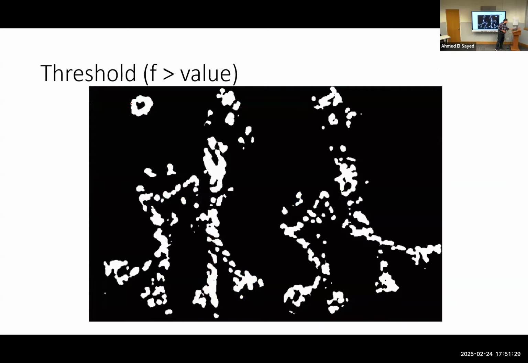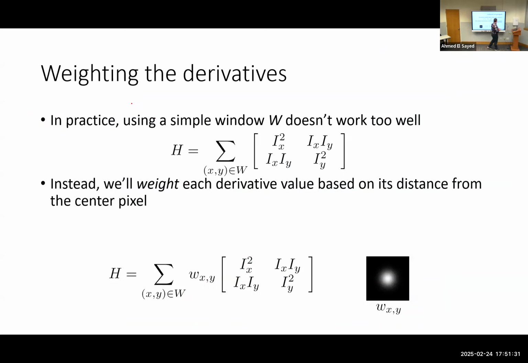It means that I can multiply it by a weight. So each H matrix can be multiplied times a weight matrix. This weight will give higher weight to the point in the middle and lower priority to the points around it.